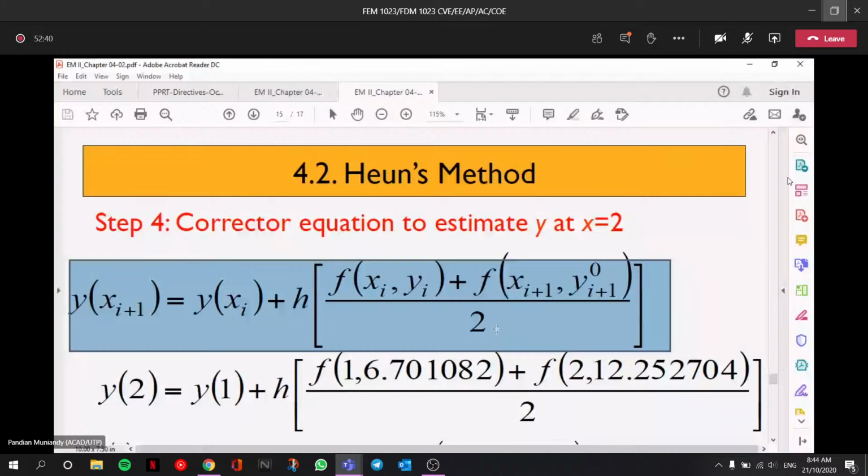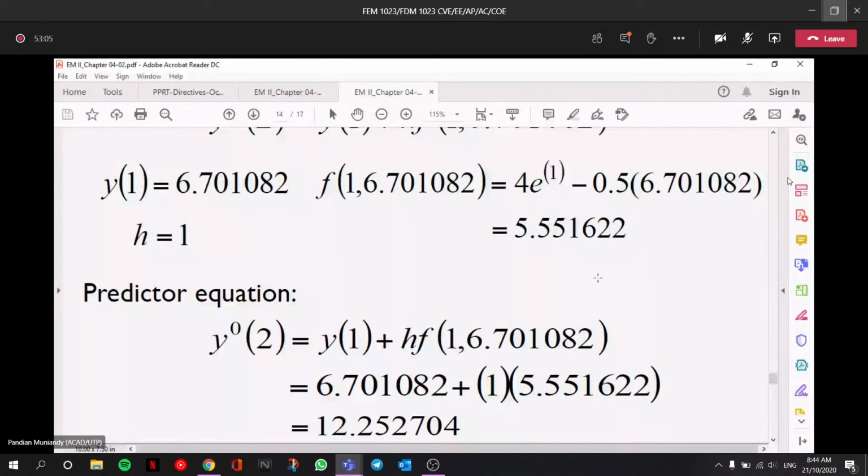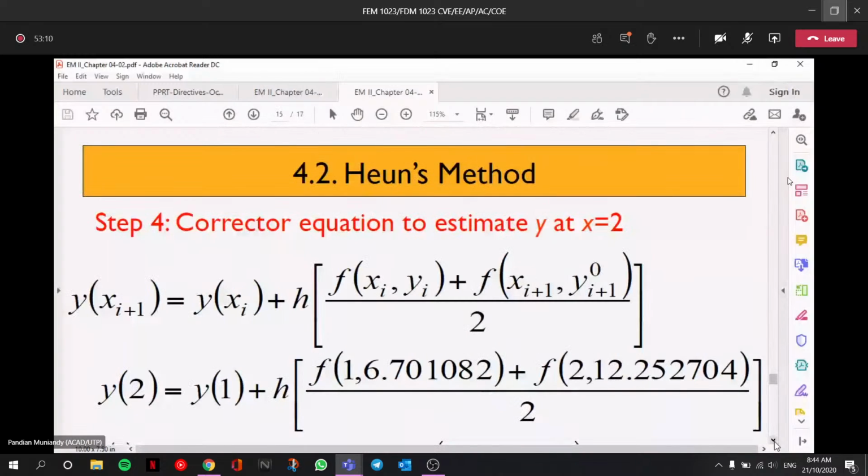So at x equals 2, this is y1 plus h f1, the y is 6.701082 plus f, where xi plus 1 is 2, and then your y naught i plus 1 must come from here. You take this, put it here. Not calculated yet. This one now we want to calculate.